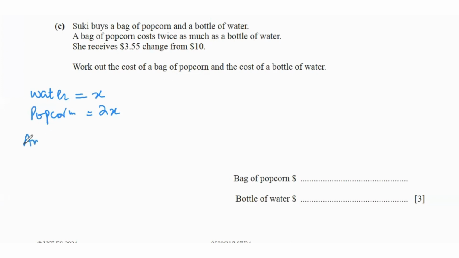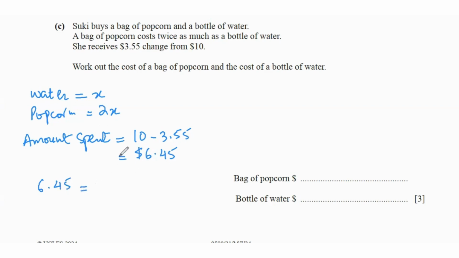So let's first find the amount spent. That's going to be the difference of 10 and 3.55, which is basically equal to $6.45. Now this 6.45 is basically spent on buying the popcorn and water bottle.